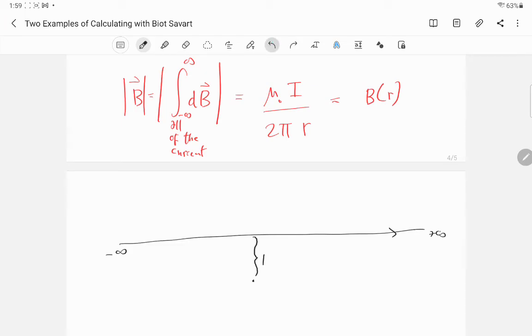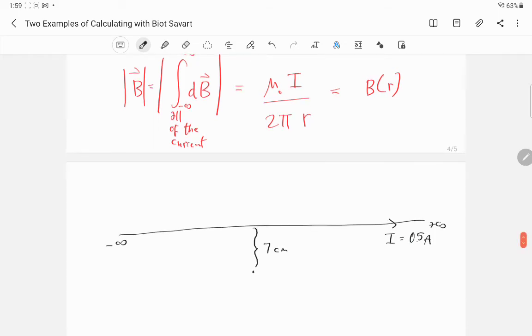Nope, let's use something more interesting. How about 7 centimeters away, and the current is 0.5 amps, right? So we want to know what is the strength of the magnetic field 7 centimeters away.